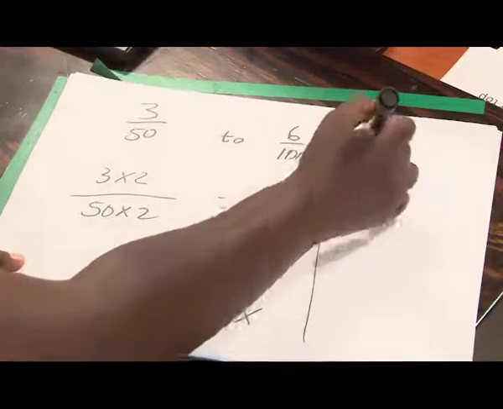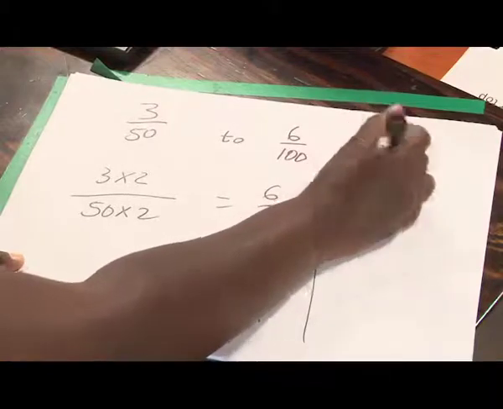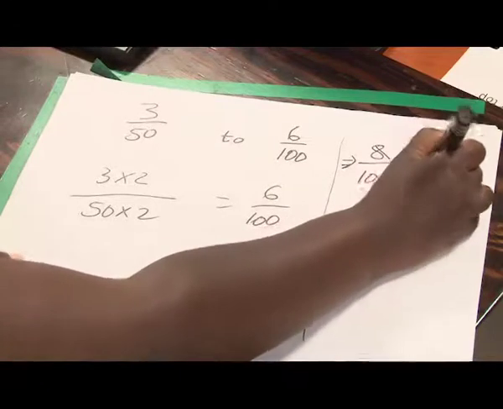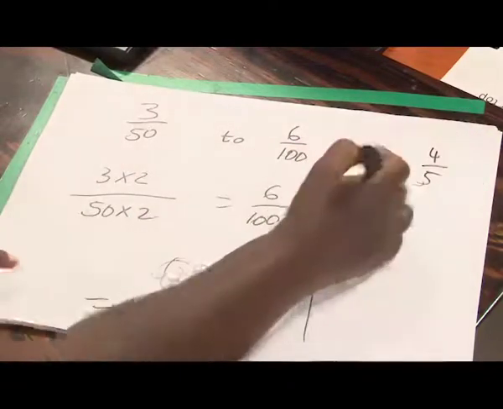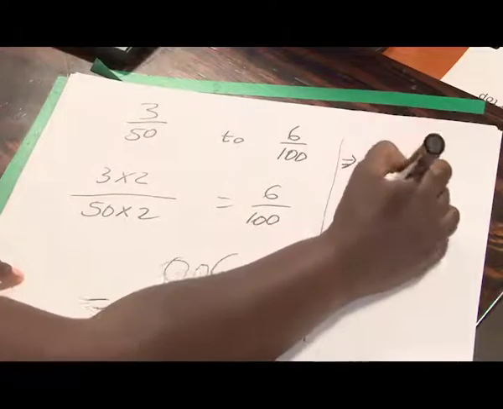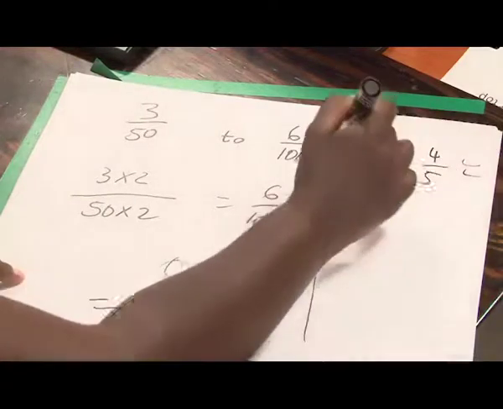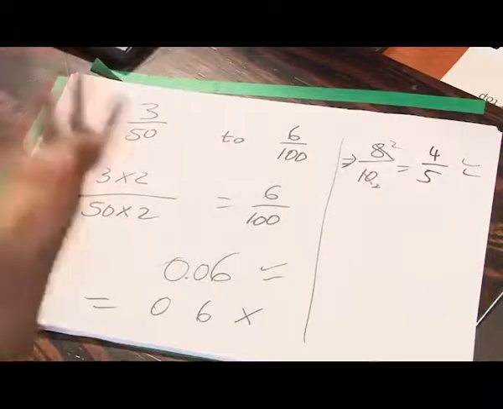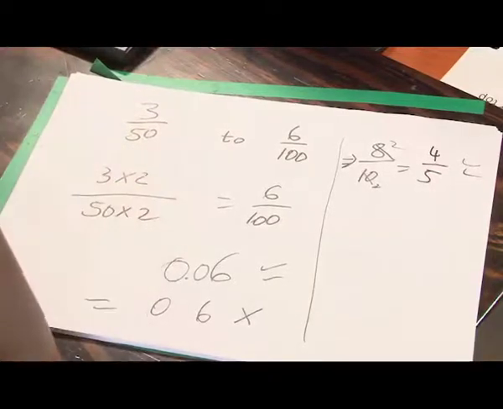When you leave your answer in this format without simplifying it, you can simplify it to 4 out of 5. Then you know this is in the simplest format. Especially when they say simplify, you need to simplify and leave your answer in the simplest form, so you don't lose that extra mark. If there are 3 marks, you only get 2, and you lose the other mark.